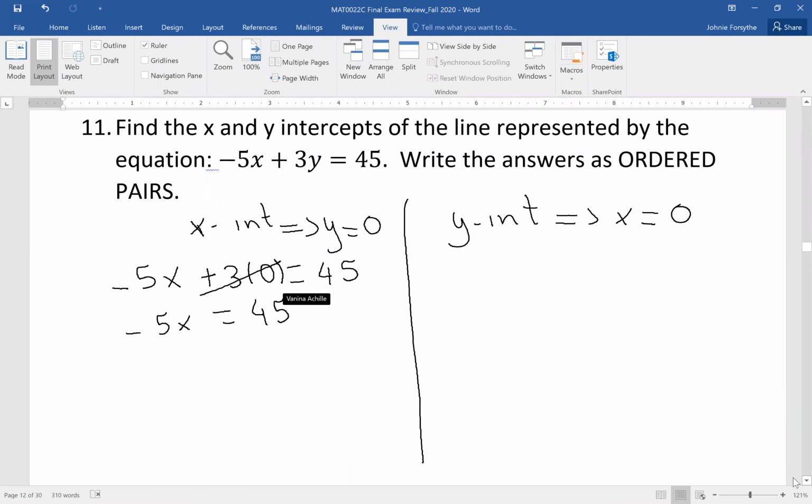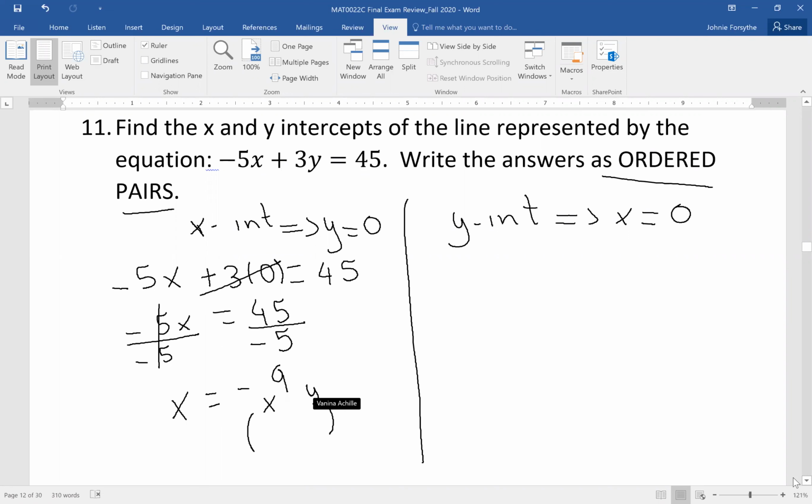I need to divide by negative 5 to get rid of that, on both sides. This cancels out, and my final answer is negative 9. It says for me to write it as an ordered pair. An ordered pair is always x, y, so my x is negative 9 and my y is 0.